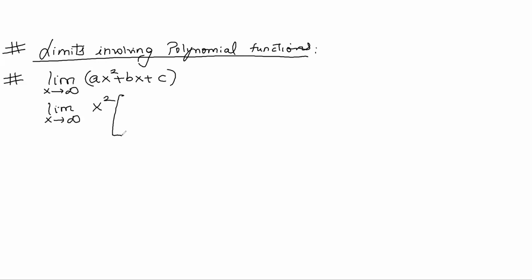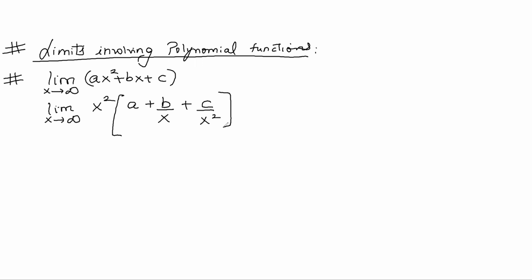Inside, what do I get? A plus b by x plus c by x square. This is the procedure you will follow every time. Whatever is the highest degree of x, you take that common.